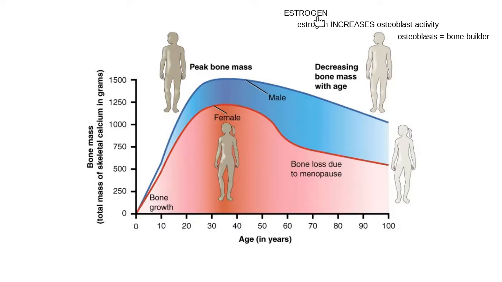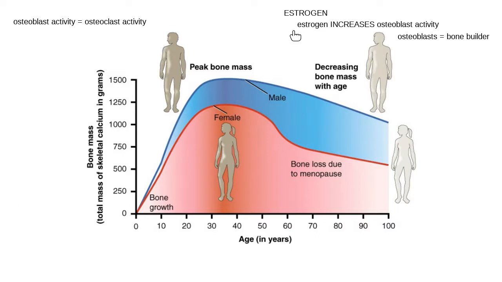Remember in our circle of life, when we were talking yesterday, osteoblast activity should be equal to osteoclast activity. This is normal. When I have estrogen, estrogen helps my osteoblasts to work just as hard as my osteoclasts.